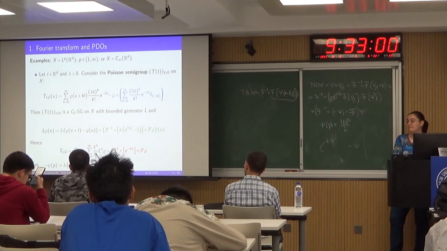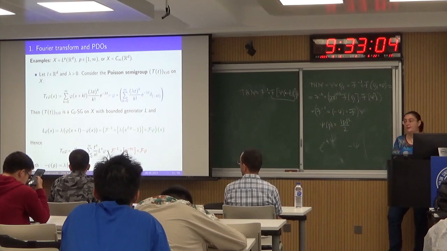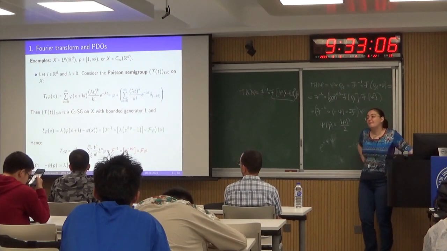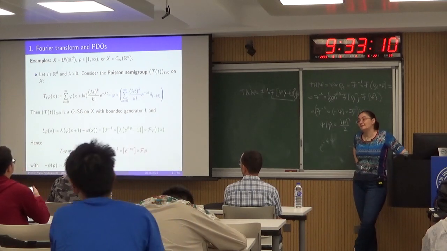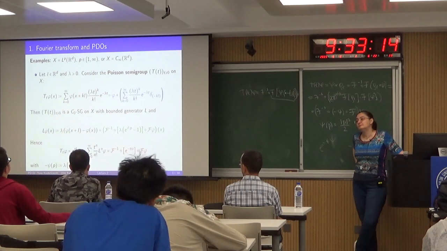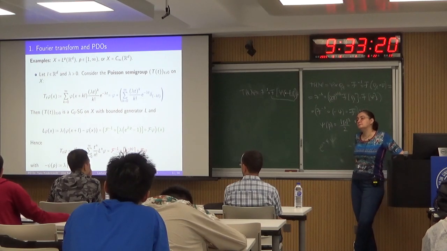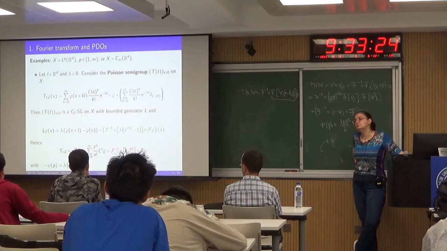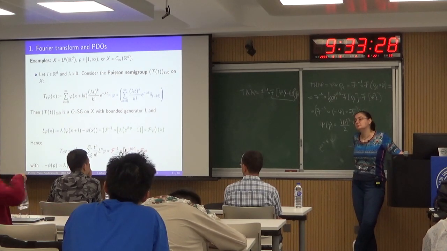Okay. Yes? So this is a very interesting way to extend from R^1 to R^d. So I guess in a similar way you can extend this to any semigroup of a Markov process which takes, for example, values in some linear space, not necessarily Euclidean space.